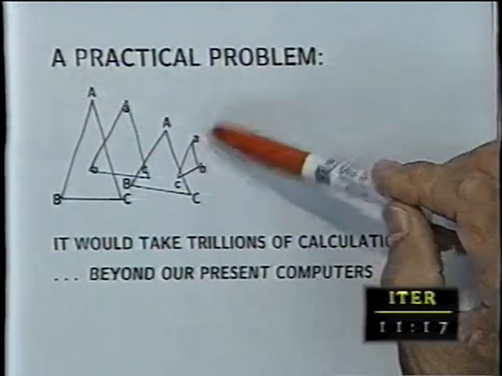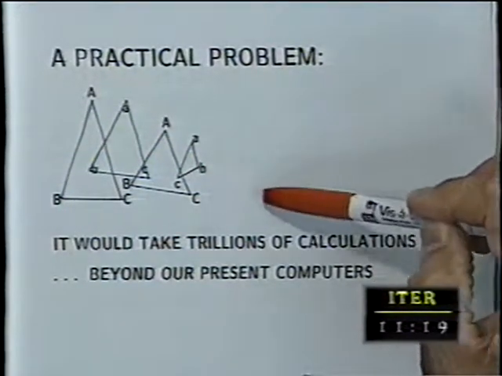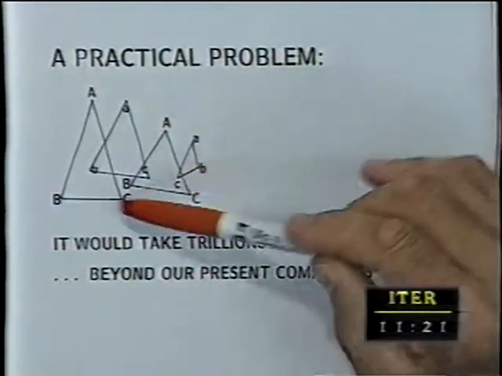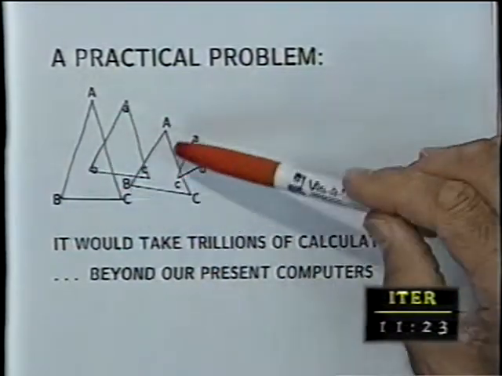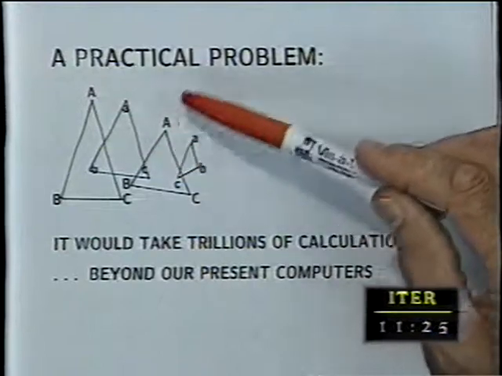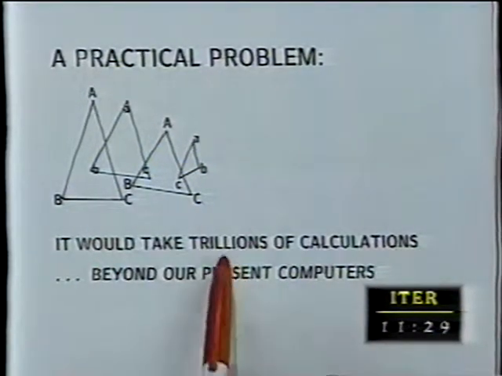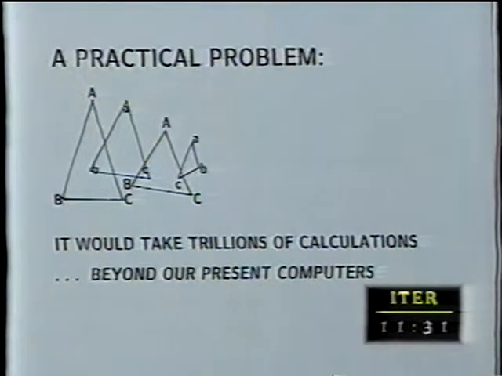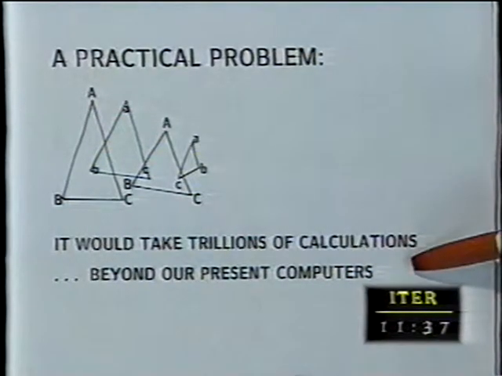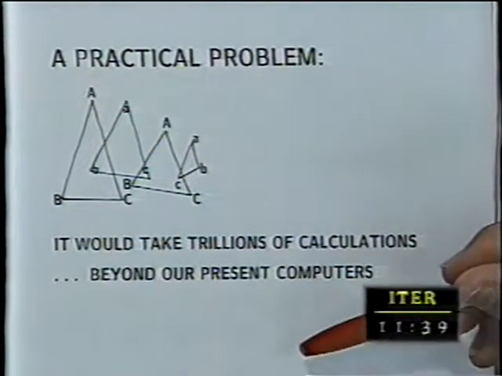And in order to even attempt to print a nice-looking picture, I have to make lots and lots of transformations, generation after generation. That would take trillions of calculations, far beyond the capability of our present high-speed computers. So there's no way I could draw the pictures that I showed you.